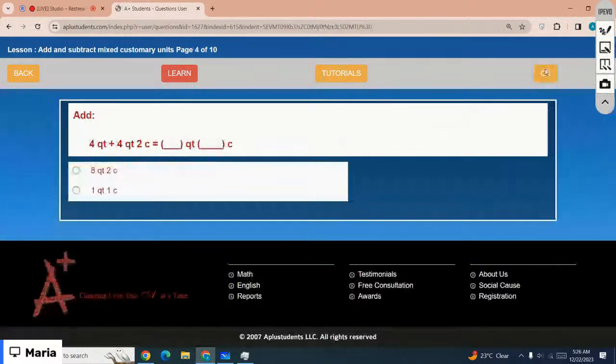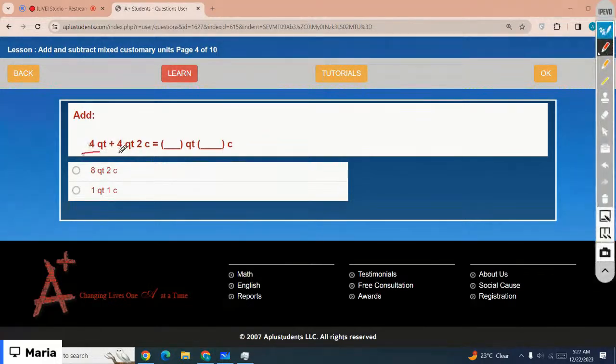Okay, 4 quarts plus 4 quarts and 2 cups. So which is the correct option? Just add quarts to quarts and cups to cups, right? So here you have 4 quarts and 4 quarts together, they make 8 quarts.